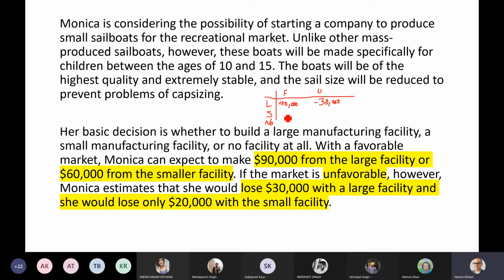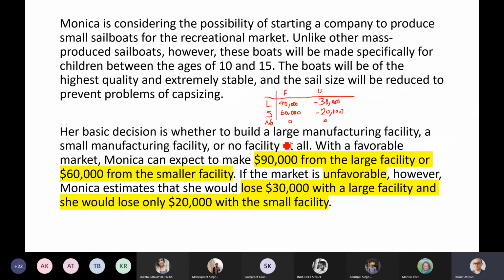What about a small plant? It will be 60,000. And how much is the loss if the market is unfavorable? Minus 20,000. That's right. And definitely here it is 0 and 0.